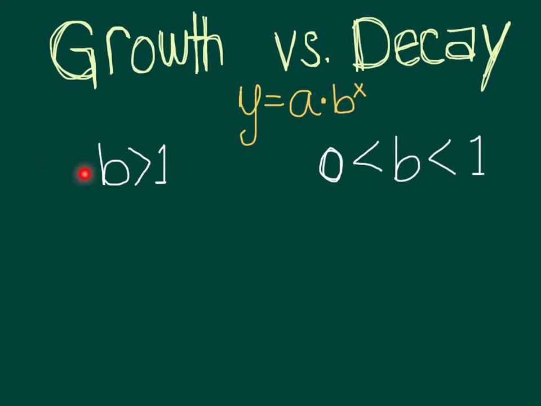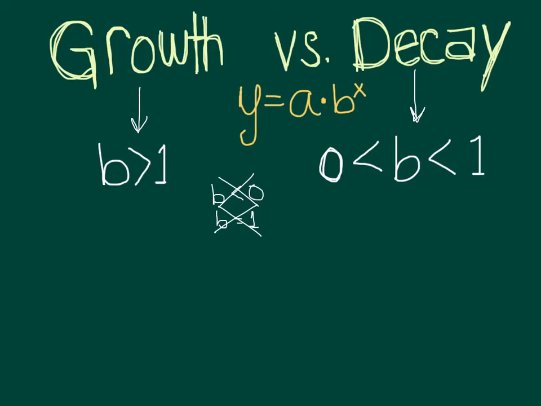When b is greater than 1, we will have growth. And when b is between 0 and 1, we have decay. You will never see b less than 0, and you will also not see b equal to 1. If b equaled 1, we actually didn't have growth or decay.